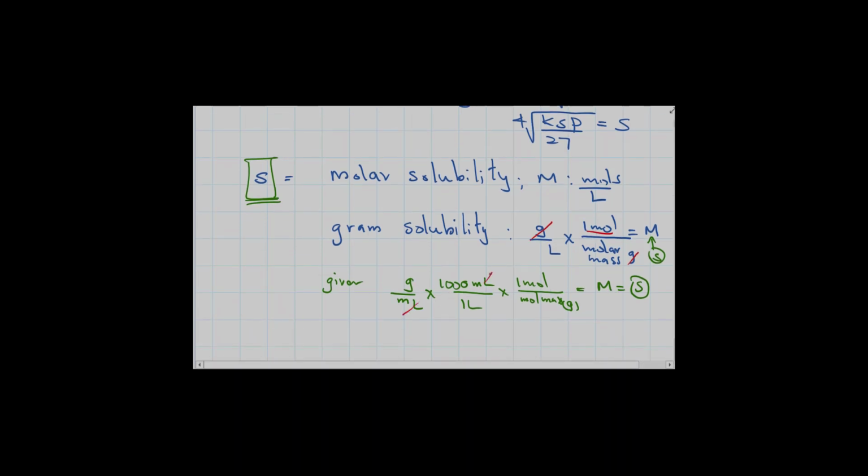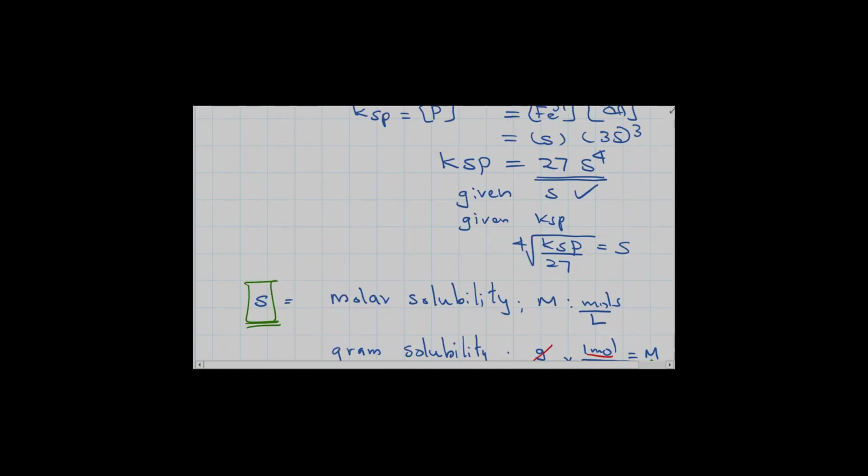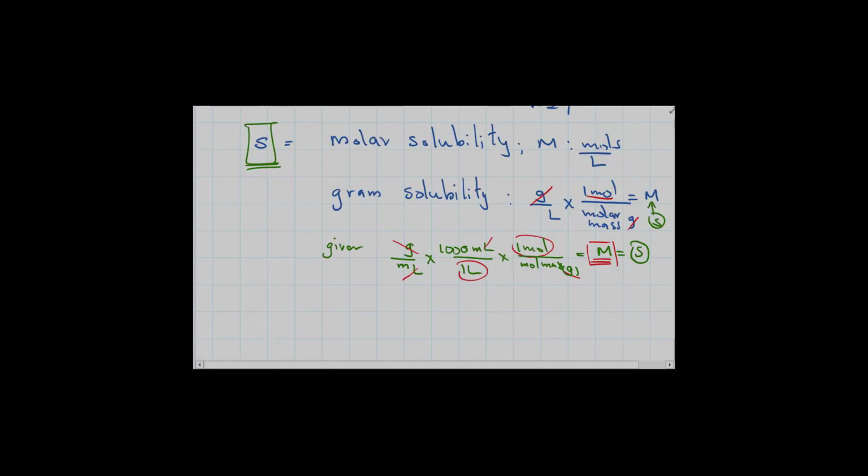So you want to cancel mL to mL, gram to gram, voila, moles over liter, the big M, the molar solubility. Then you can plug into about 3 formulas and you can solve most of the Ksp problems. Look for my problem solving video next, and then you will be fine with the problems, right? So I'll give you 3 examples for it.